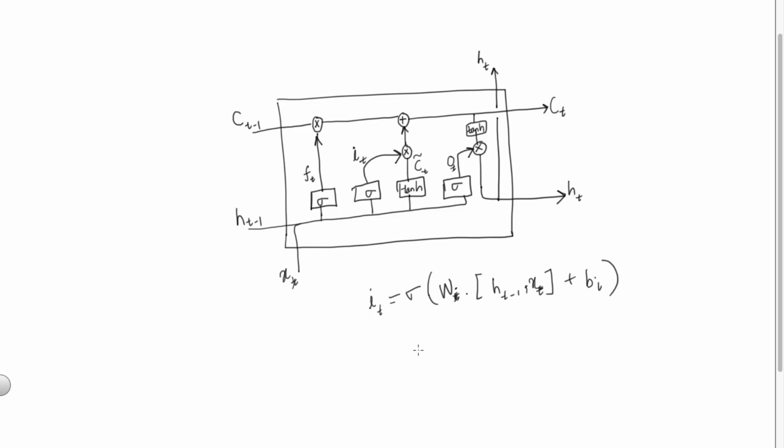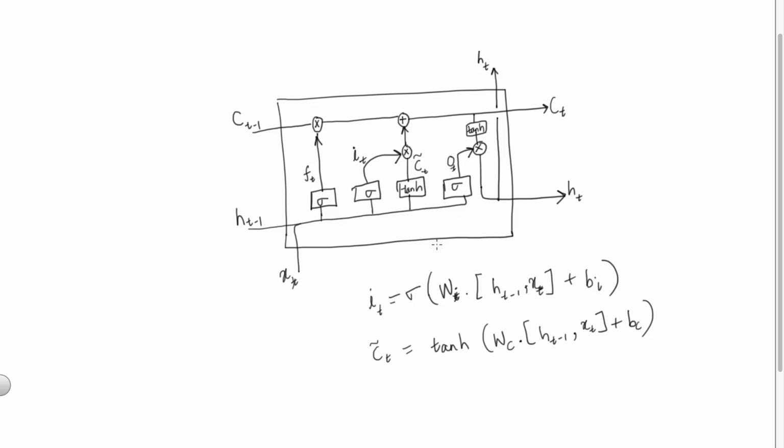And the ct tilde, or ct bar, whatever you want to say, equals tanh of wc dot ht minus 1 comma xt plus bc. So these are the relevant equations.